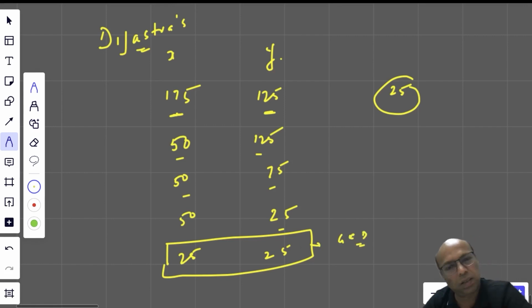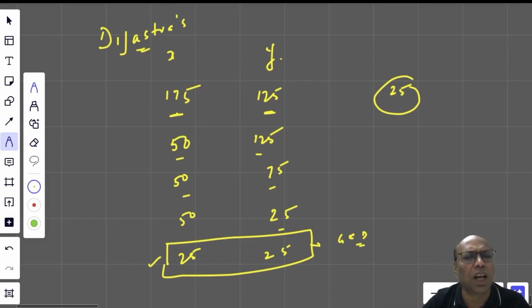Anyone have to make this? That means the first question that comes to my mind: how long do I repeat this procedure? Till both the numbers become equal. That means as long as they are not equal, I need to repeat the procedure.